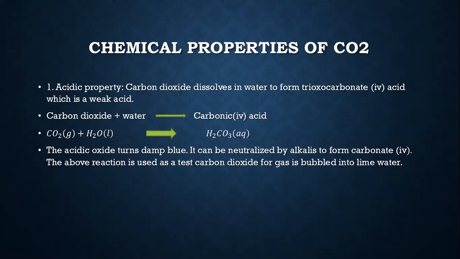So we can have this reaction also used as a test for CO2. For example, the above reaction is used to test for carbon dioxide as a gas using lime water.